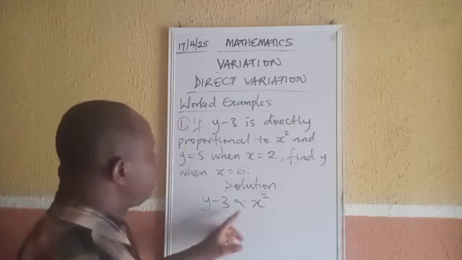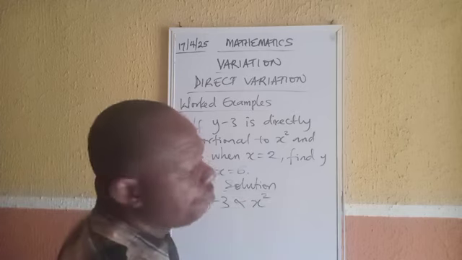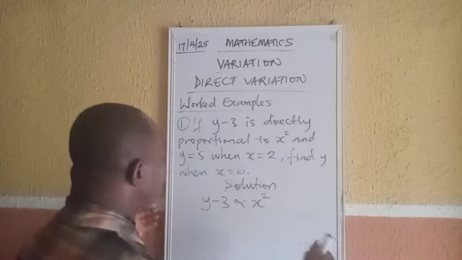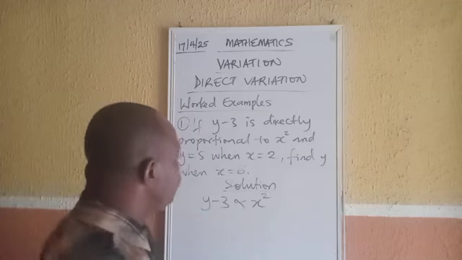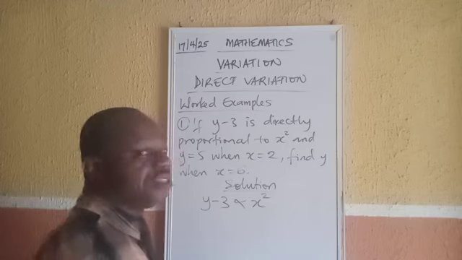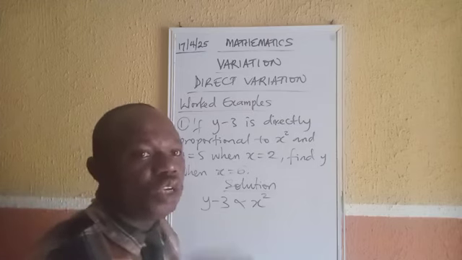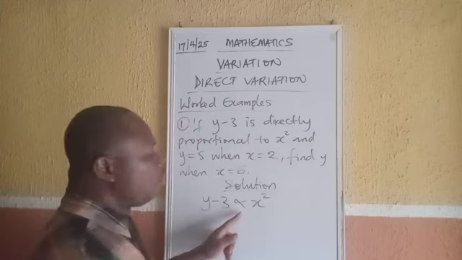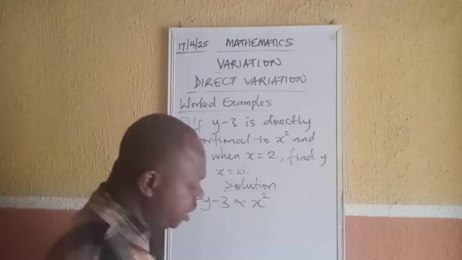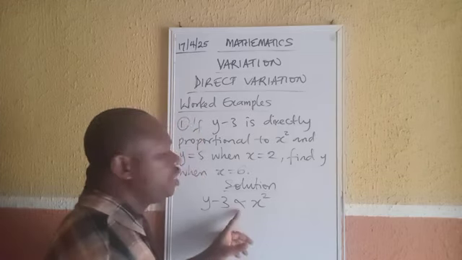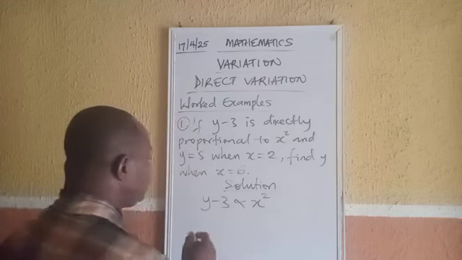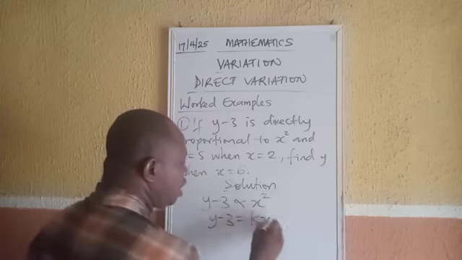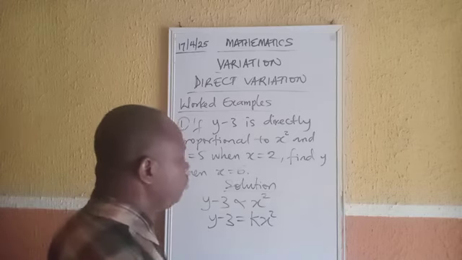Y minus 3 varies directly as x squared. Now after connecting the two quantities with the sign of proportionality, the next step is to introduce our constant k. By the time we introduce our constant k, this sign of proportionality will change to equal to. It becomes y minus 3 equal to k x squared.